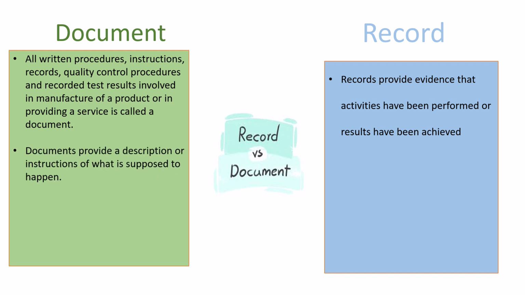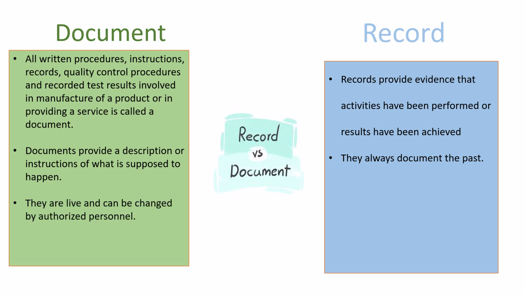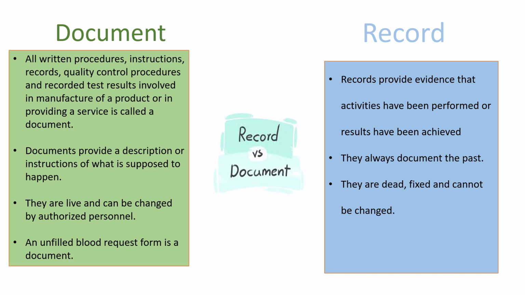A document provides a description or an instruction of what is supposed to happen, whereas a record will always document the past. So a document is live and can be changed by the authorized person, whereas records are dead, fixed and cannot be changed. So an unfilled blood request form is a document, whereas a filled blood request form is a record.